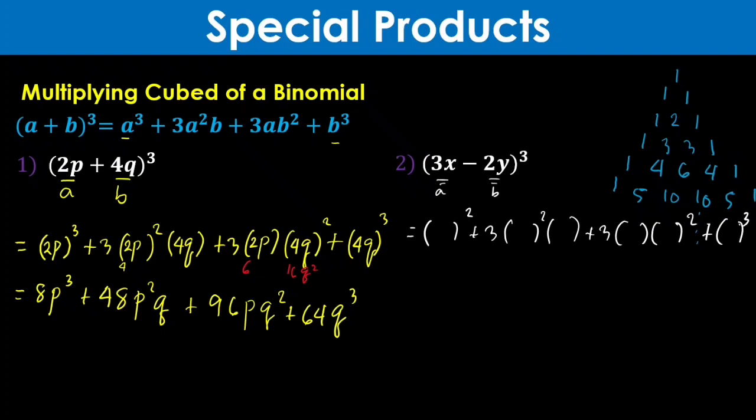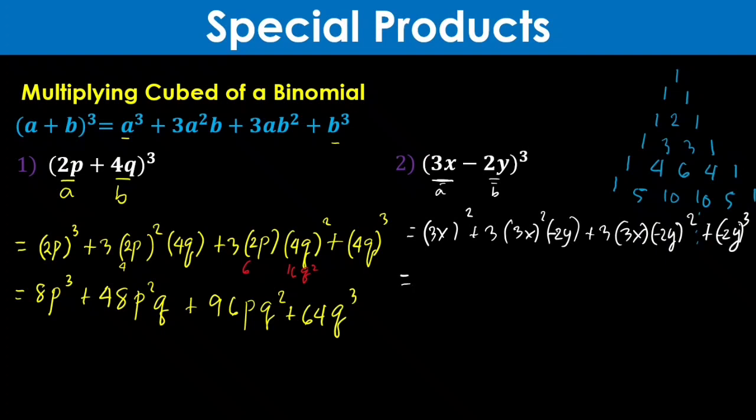And then let's plug in our A, which is equal to 3x. This is our B here, which is negative 2y. And this is our A here, which is 3x, and negative 2y for our B. And then here our B is negative 2y.